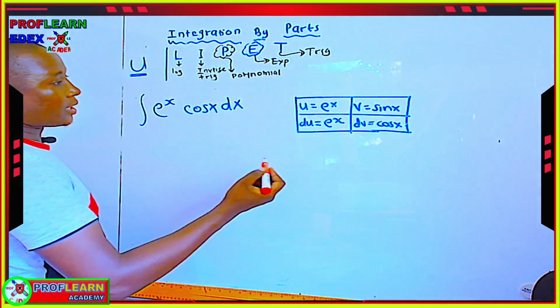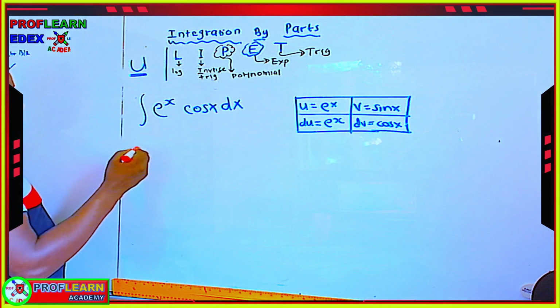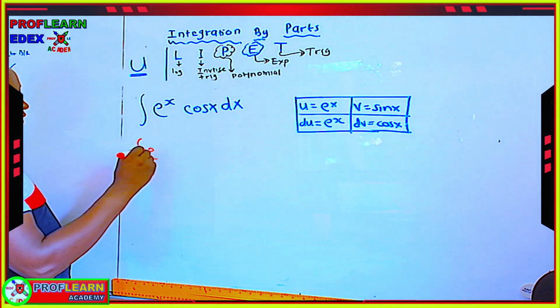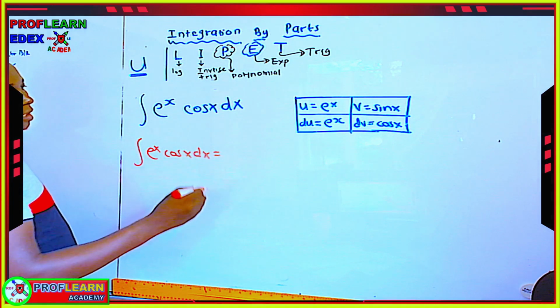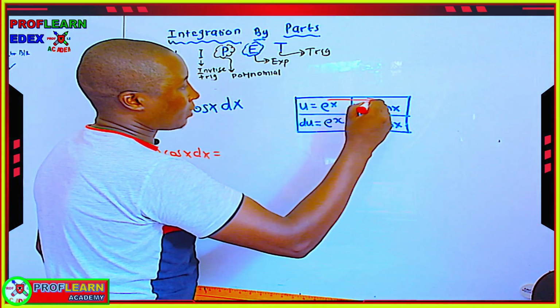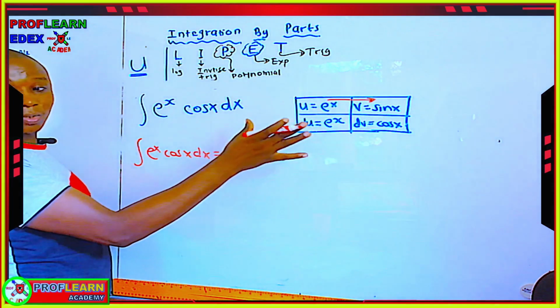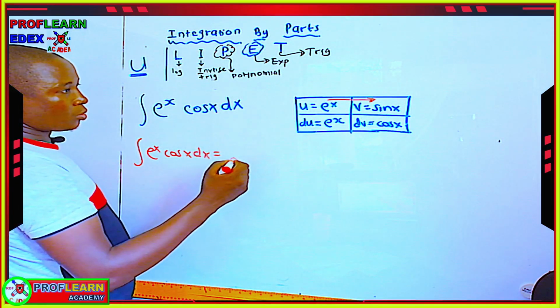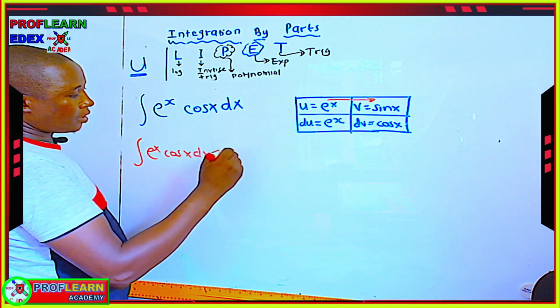Whenever you are using integration by parts with this table, we don't even need to remember the formula, because the integral of e^x cos x with respect to x is going to be, you multiply across like that, so long as you have arranged your table the way you have arranged it here.